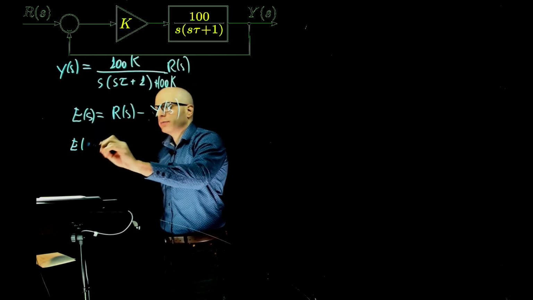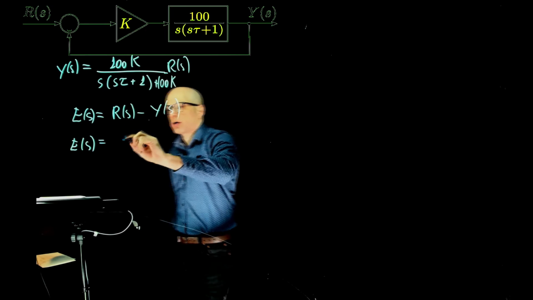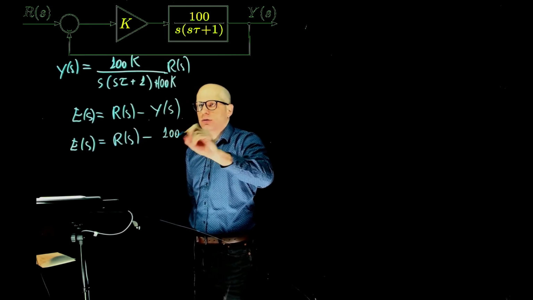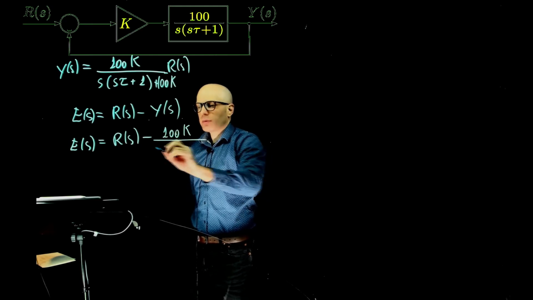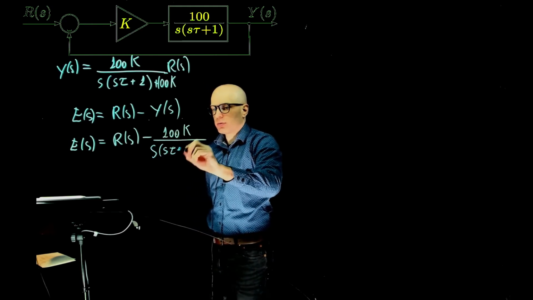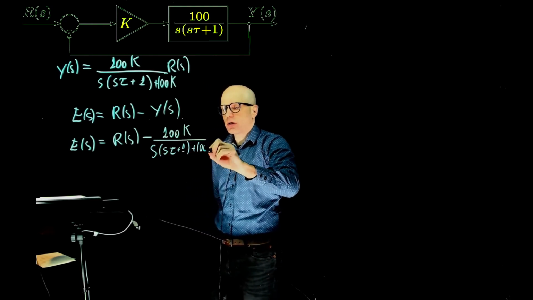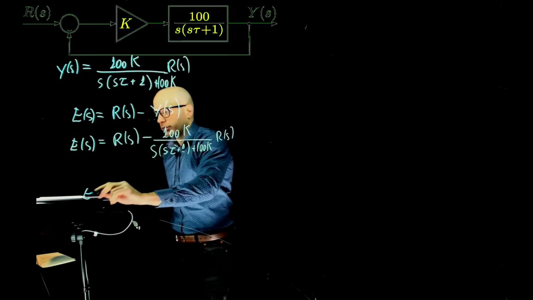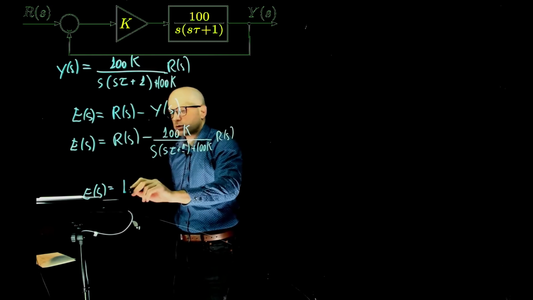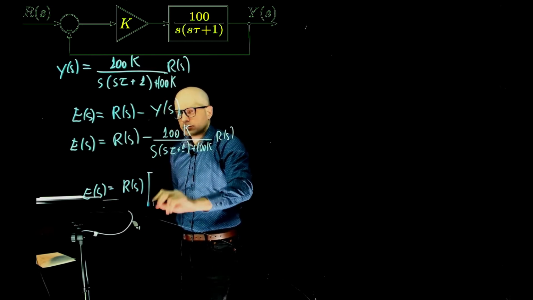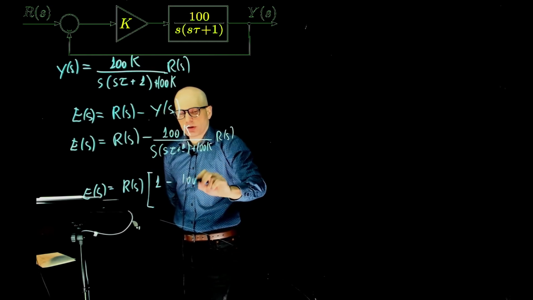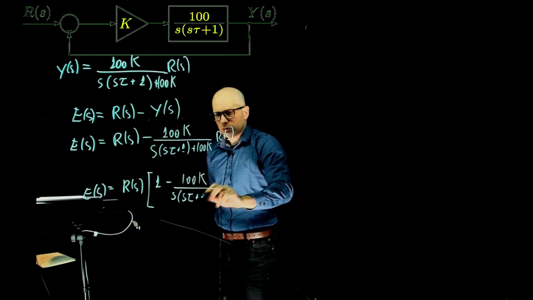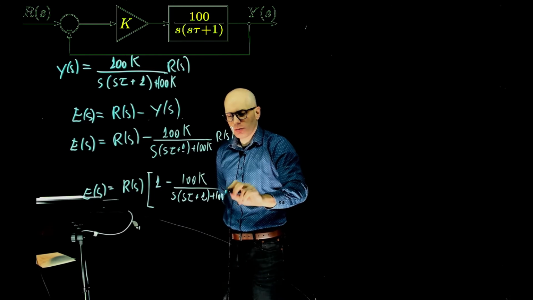So the error is R of S minus 100K over S tau plus 1 plus 100K times R of S. We can factor out R of S as we did before: 1 minus 100K over S tau plus 1 plus 100K.